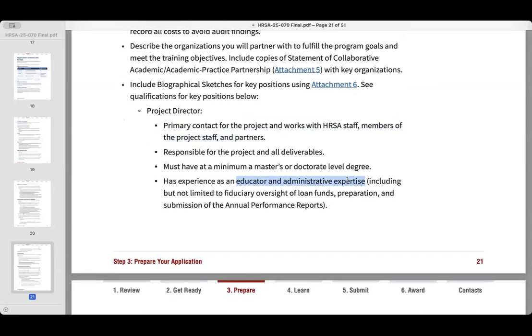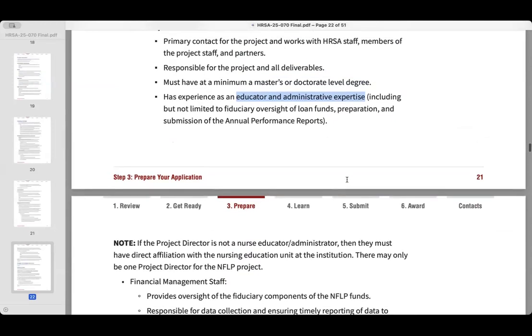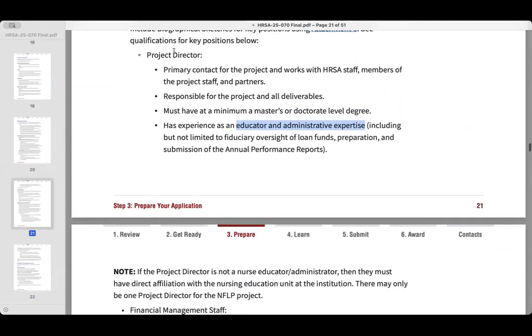Okay, so looking forward, this is something that you might say, we want to do things like just start making a tally of things that could be referred to in the application. Now, note that for this particular program, not 71, the project director is not required to be a nurse educator or administrator.